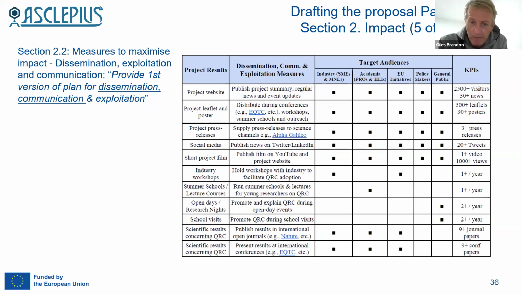I don't show it here, but in the actual proposal next to the table, I wrote a few sentences to elaborate and explain what these different audiences were. In the case of the industry, I wrote some sentences and gave some very concrete examples of companies that might be interested in the field of quantum reservoir computing. Then in the last column I gave KPIs, key performance indicators. These were targets to be reached by the end of the project.